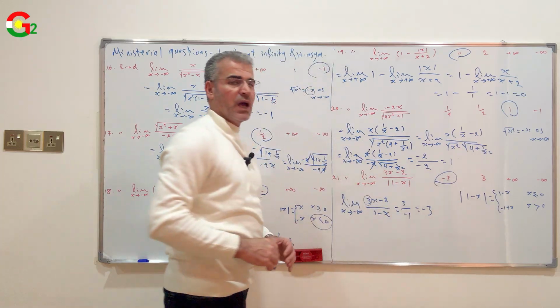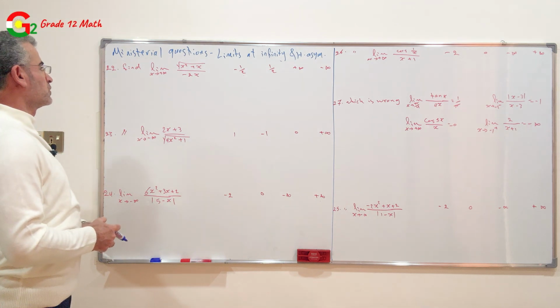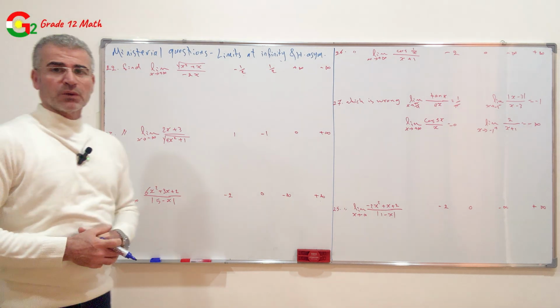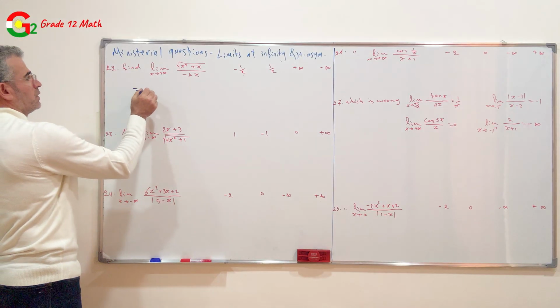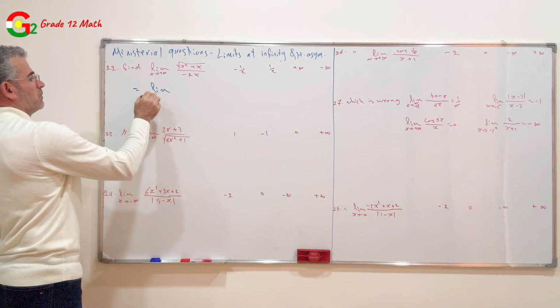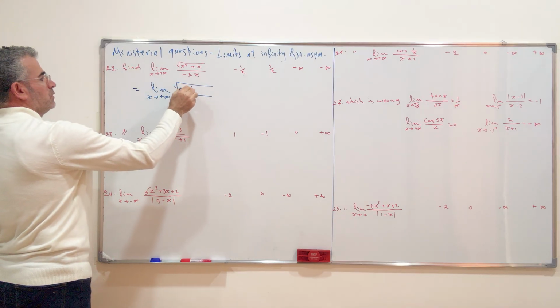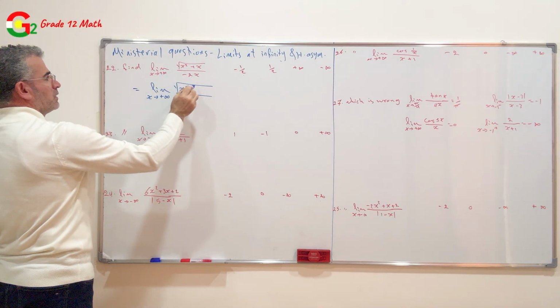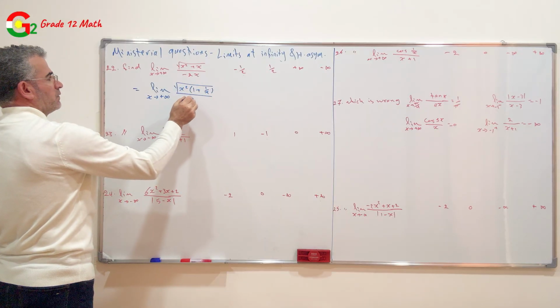Choice A. Question number 22. Find the limit as x approaches positive infinity of the square root of x squared plus x over negative 2x. This equals the limit as x approaches positive infinity, factorizing x squared from the two terms under the square root, of the square root of x squared times 1 plus 1 over x, over negative 2x.